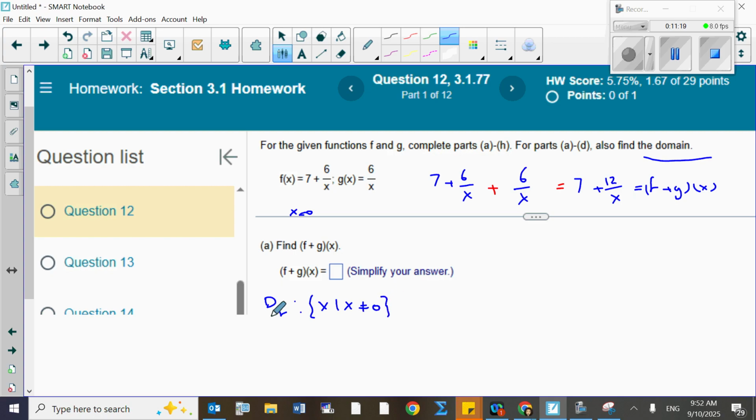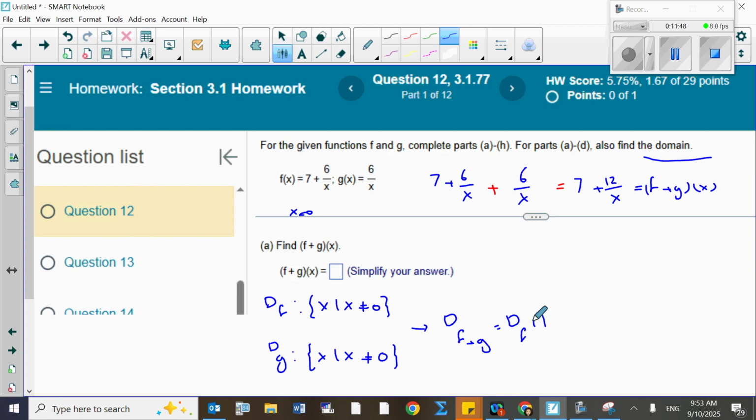This is for f. Now I'm going to find the domain of g. What is the domain of g? That is also the same, because the only value that makes the denominator equal to 0 is x equal to 0. So all x values such that x is not equal to 0. Now, the domain of f plus g is basically the domain of f, and this symbol means intersection of these two.